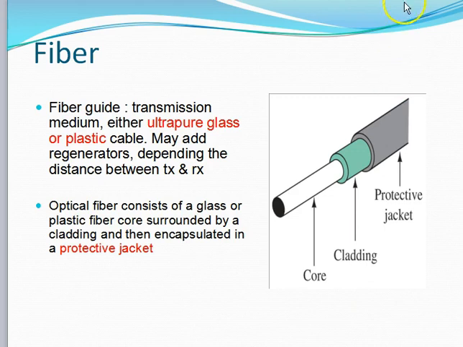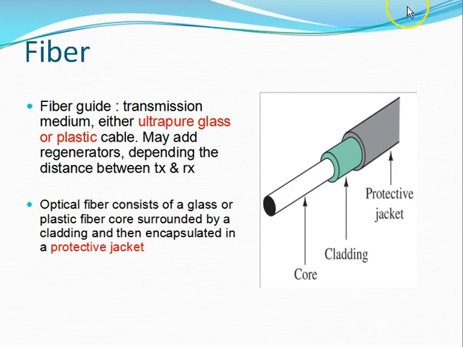Okay, let us have a look at the fiber that is normally used in fiber optic communications, the general fiber optic cable. What we have here is a core, normally either ultra pure glass or plastic, and then we have a cladding.